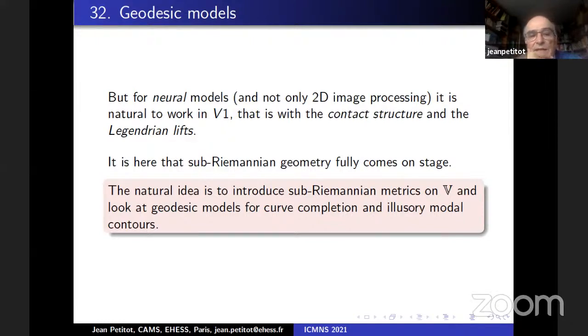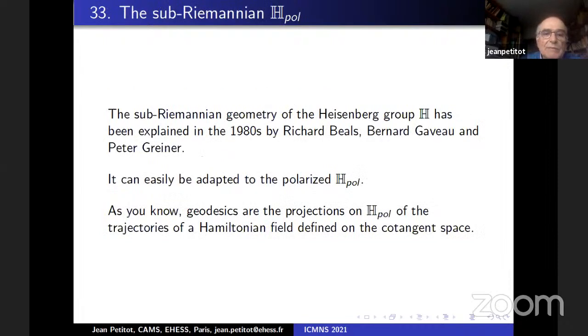The natural idea is to introduce sub-Riemannian metrics on VG and look at geodesics as models for curve completion and illusory contour. The sub-Riemannian geometry, as you know, of the Heisenberg group was explained in the 80s by Richard Beals, Bernard Gaveau, and Peter Greiner, and it can easily be adapted to the polarized Heisenberg group.